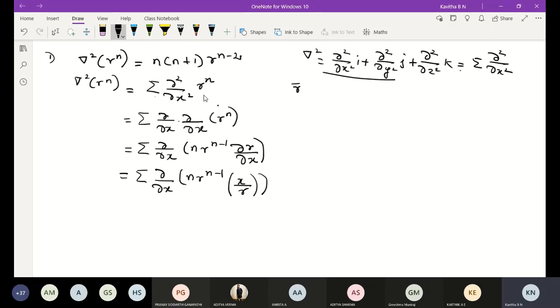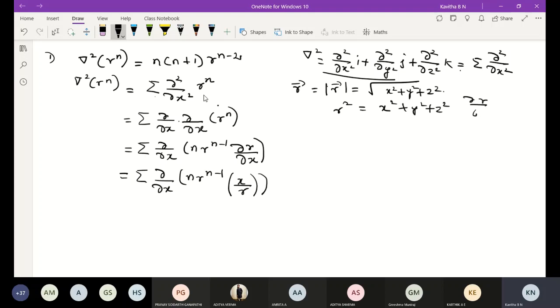Here modulus of r vector is nothing but square root of x square plus y square plus z square. Nothing but r square. r square is equal to x square plus y square plus z square.